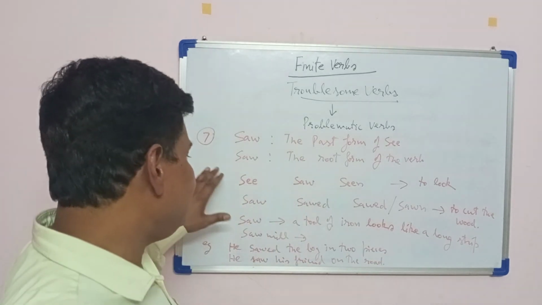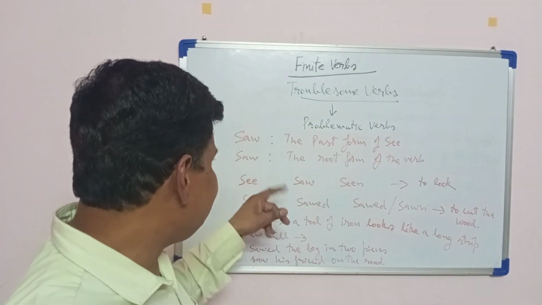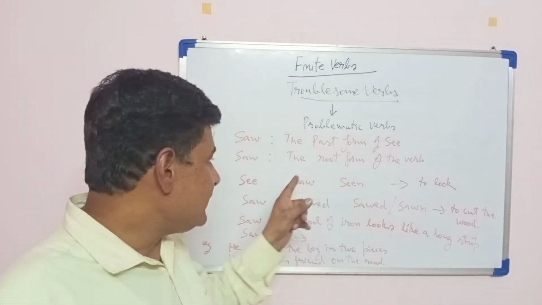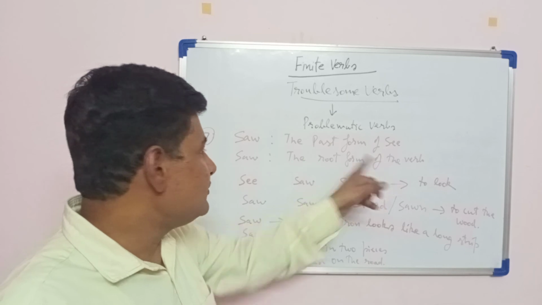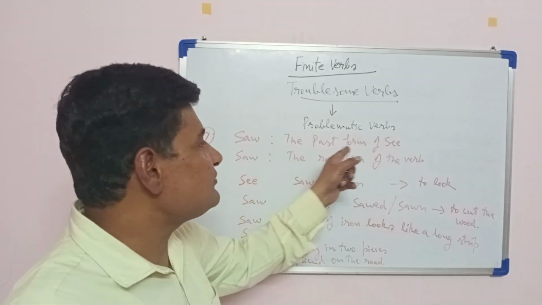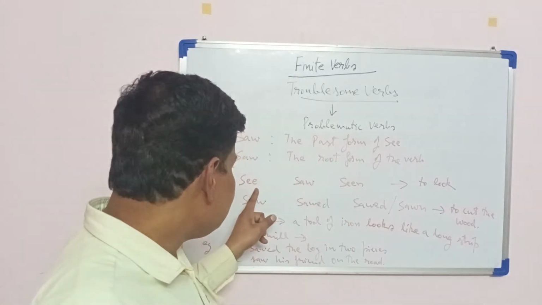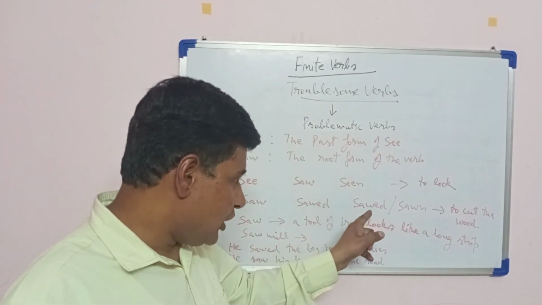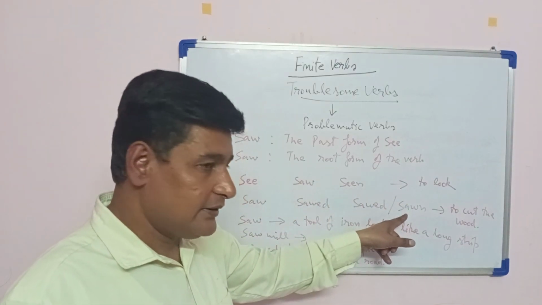So here you just see what is the difference. Saw is having 2 meanings. One saw is the root form of the verb saw and another is the past form of see. See, saw, seen. See means to look. Saw, sawed, and there is another form, sawn.